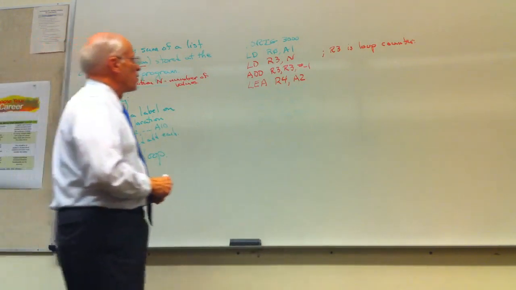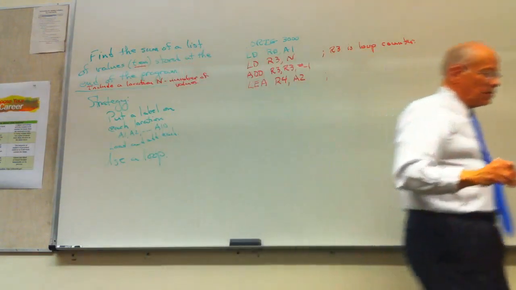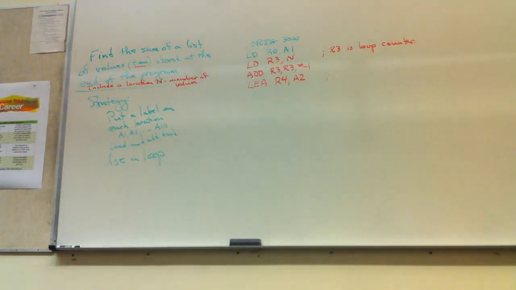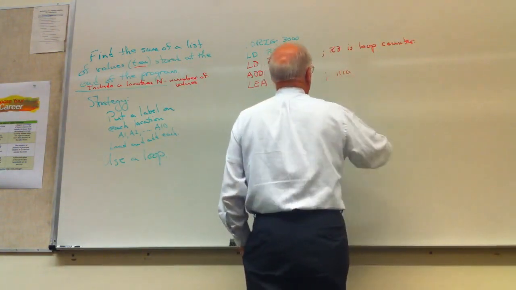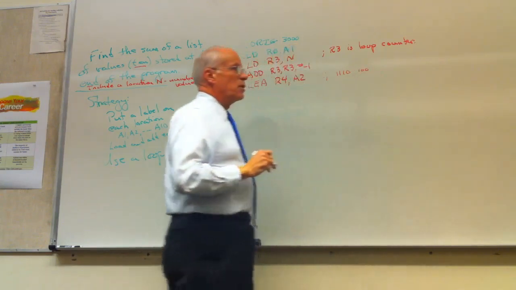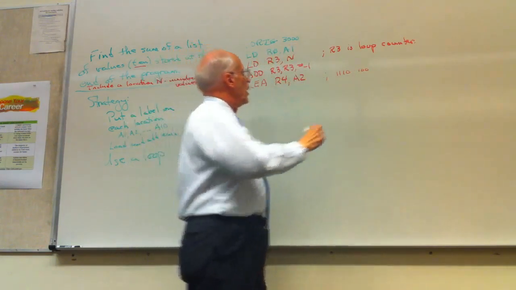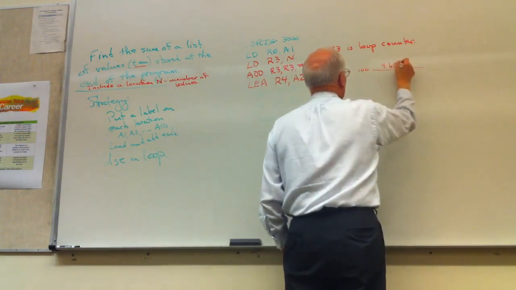Now, if you look at the binary representation, the code is 1110. And then you've got your destination register. And then you've got a 9-bit offset.